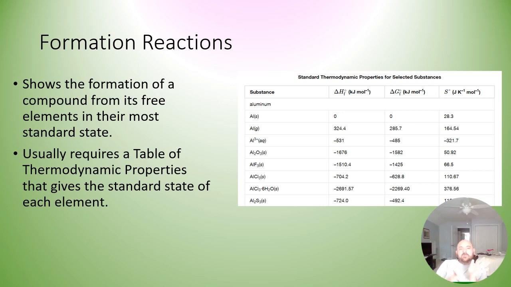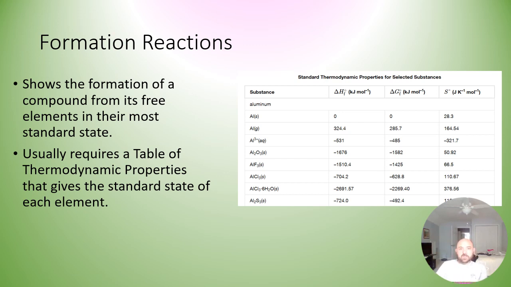But you can't just say that hydrogen or oxygen, for instance, are reacted to form water, because in their most standard state, hydrogen and oxygen exist as H2 and O2 gas. So if you wanted to write the formation reaction for water, you would have to show H2 gas plus O2 gas yields H2O, because that's how oxygen and hydrogen tend to exist. And so you have to pick the state at which an element tends to exist in order to write it into a formation reaction.